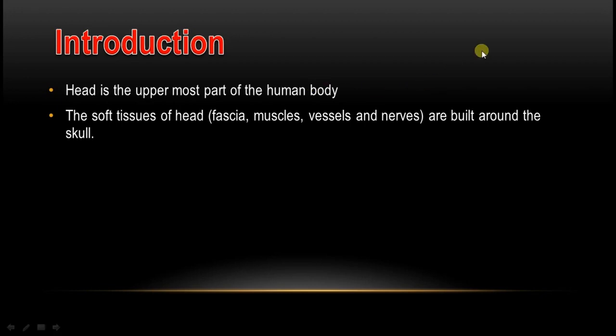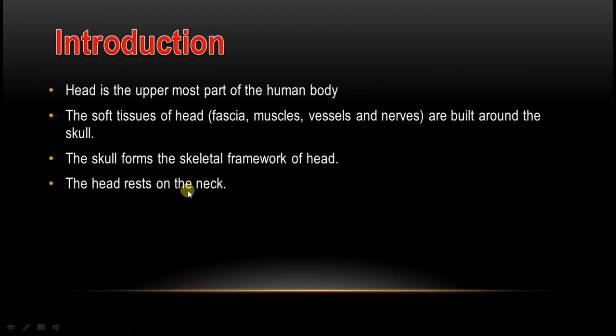So we are now able to understand how important the skull is, which forms the skeletal framework of the head. So the head is mainly formed by the skull, or you can also say not only mainly formed, it is only formed by the skull.